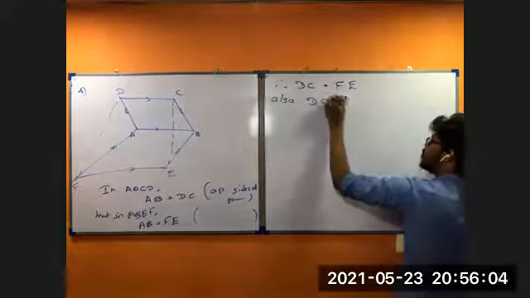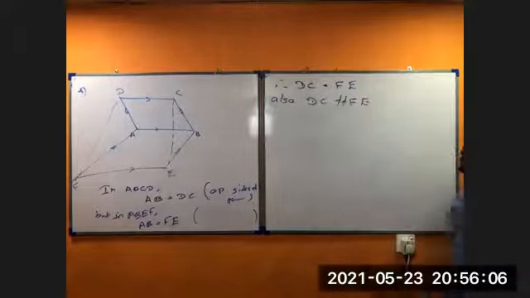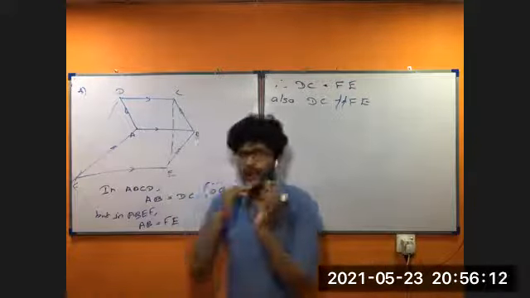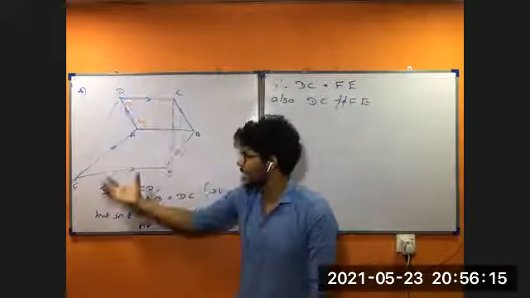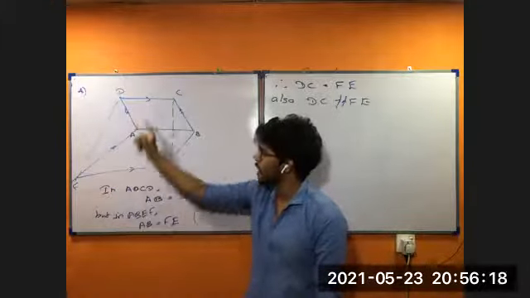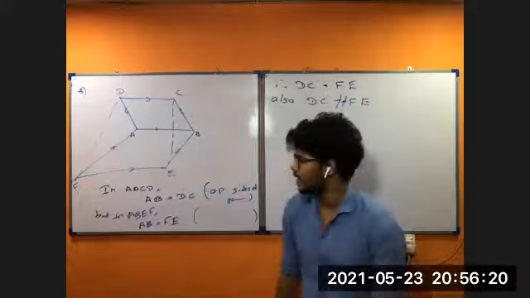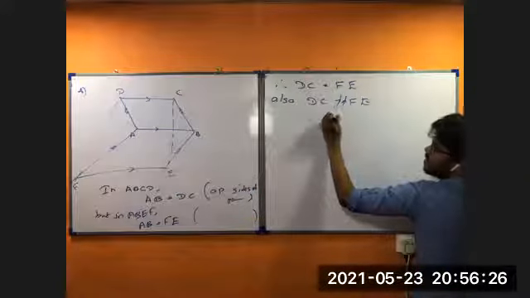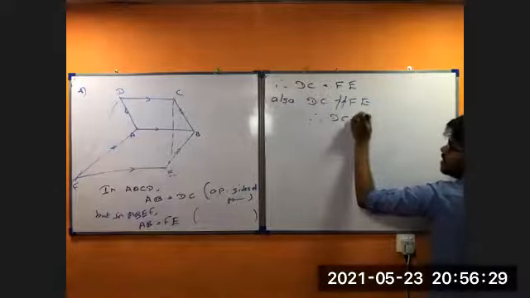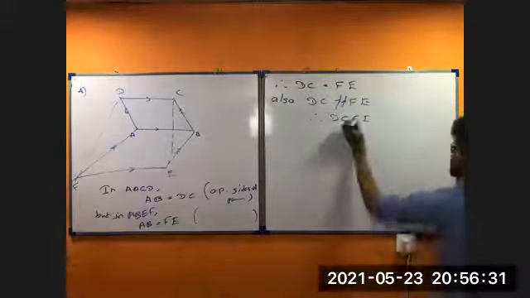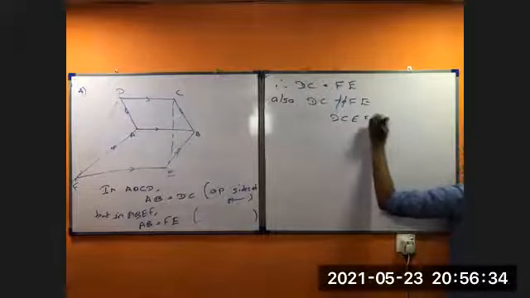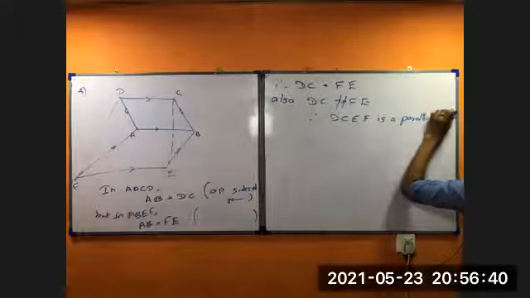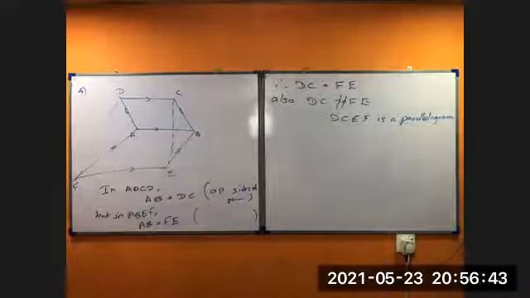Under properties of parallelograms, you learned that in a quadrilateral, if a pair of opposite sides are equal in length and parallel to each other, then it is a parallelogram. So because of these two, DCEF is a parallelogram. Done. So first part is done.